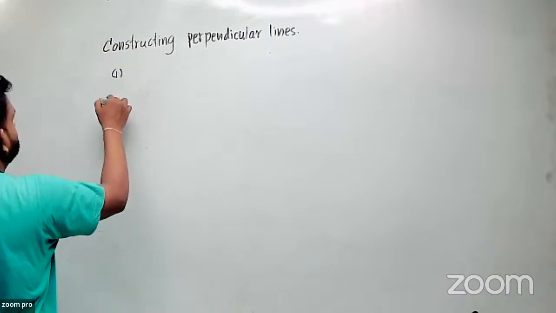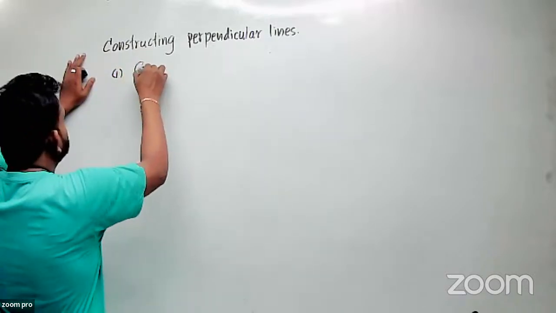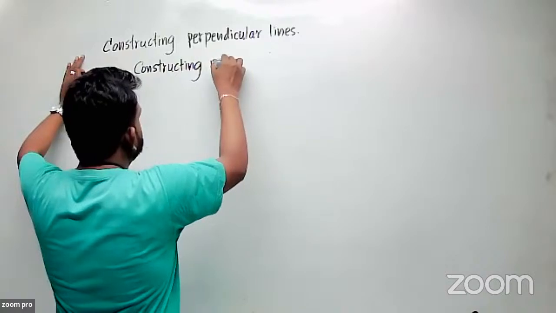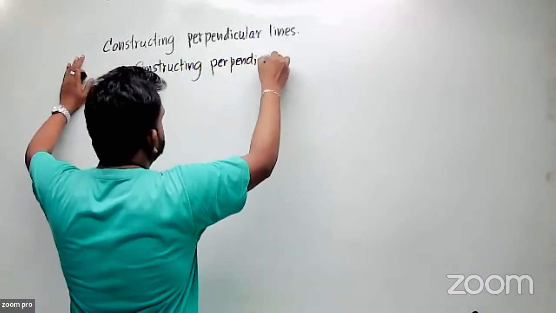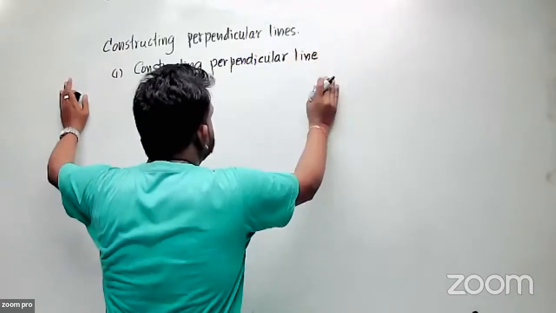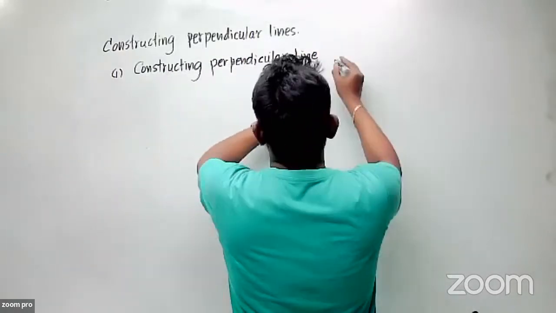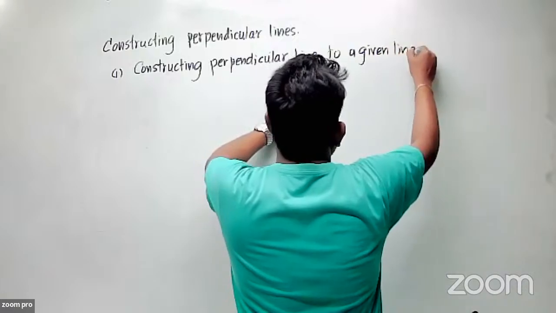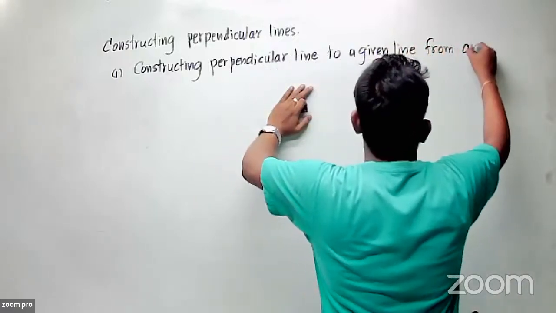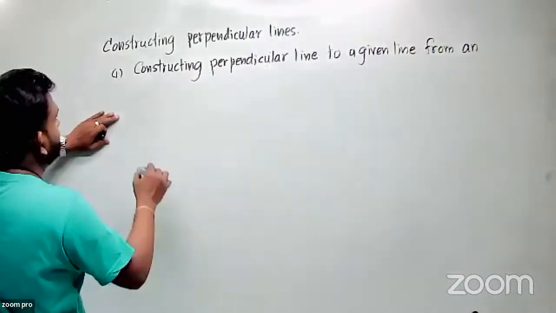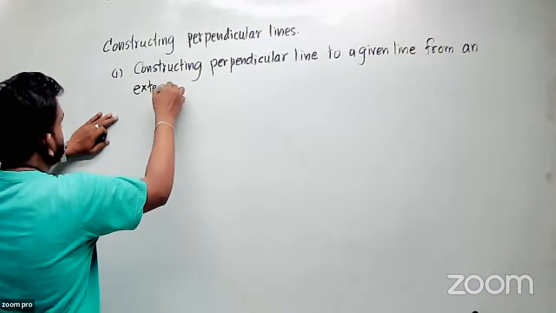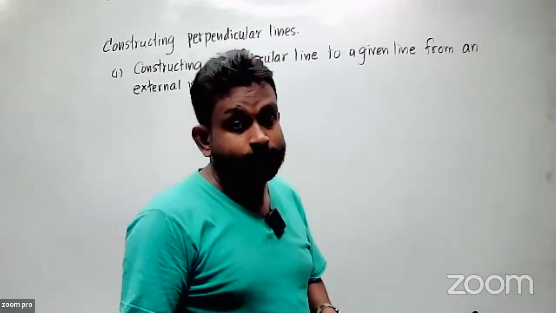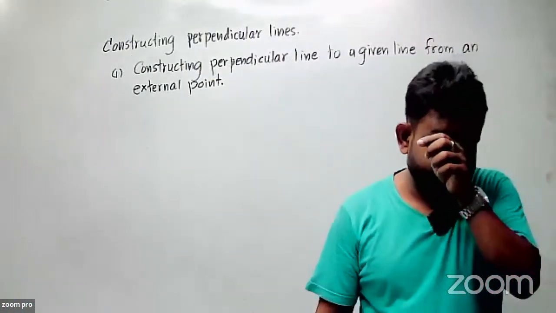Under that first part, constructing perpendicular line to a given line from an external point, right?